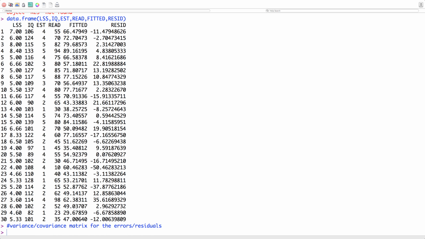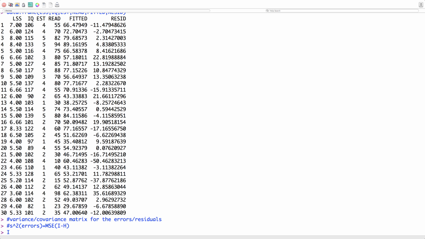Now, this is found by taking our mean square error times our identity matrix minus our hat matrix. So the first thing we've got to do is create a hat matrix, and we've got to create our identity matrix, and use our hat matrix.